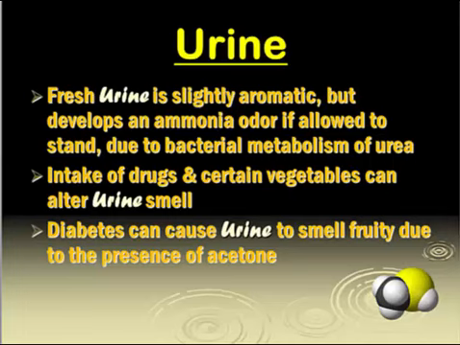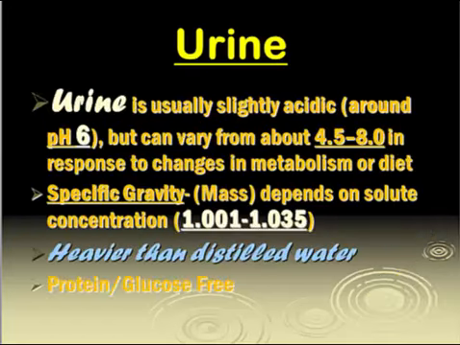But if it stands for long periods of time or is rich in ammonia, that can affect the smell, as can ketones, which are byproducts of unhealthy physiology, such as diabetes. Certain vegetables that we consume can change the smell of urine, as well as your own health status and diet.